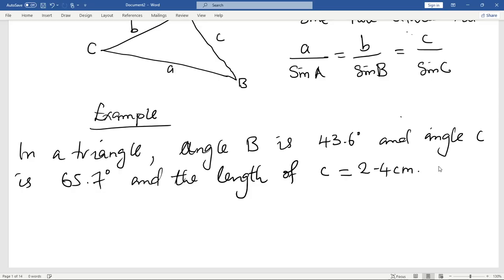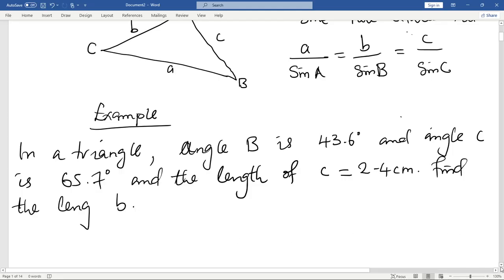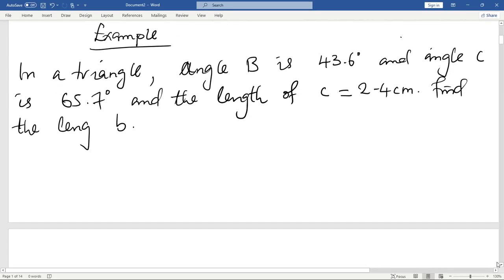Find the length of b. So I tried to say: in a triangle, angle B is 43.6 degrees, angle C is 65.7 degrees, and the length of c is 2.4 centimeters. Find the length of b here.